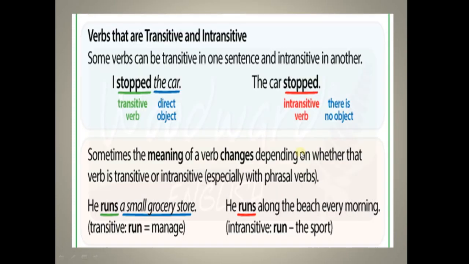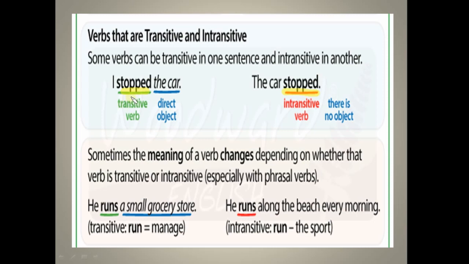Now just see some more examples here. So that is again, I stopped. Some verbs can be transitive in one sentence and intransitive in another sentence. Means you will not consider that because stopped is given, it is always transitive. See, the verb is stopped. We have identified. Here also stopped is given. But you will not say this stop will always be transitive or this stop will always be intransitive.